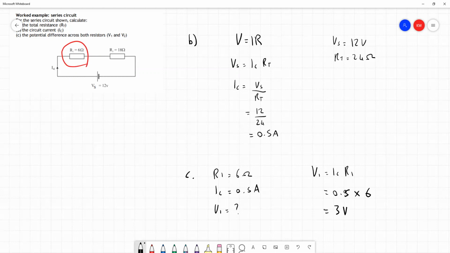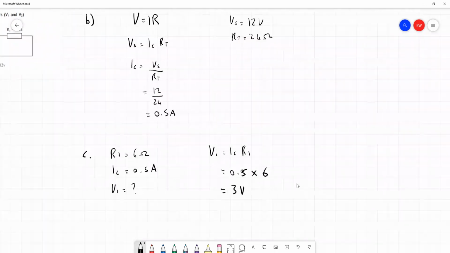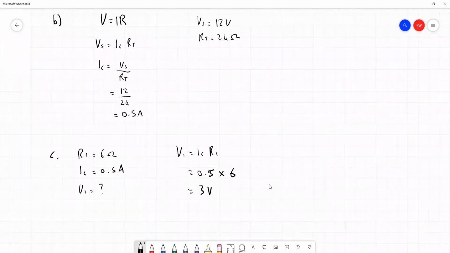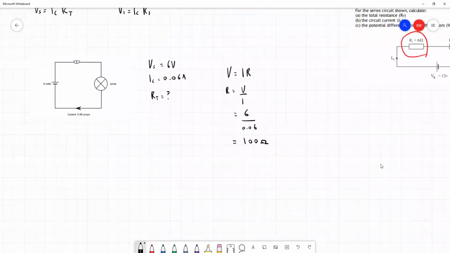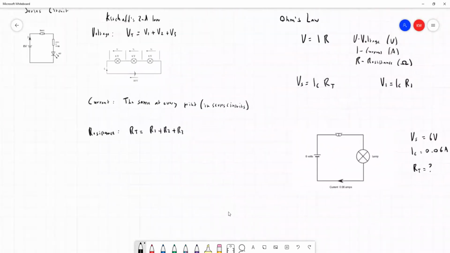But we were asked in part C to find the potential difference across both resistors. So we could just repeat the exact steps we've carried out there for resistor 2 and work out the voltage that way. Or we could also remember the final thing from our definition of a series circuit, and that's the voltage.